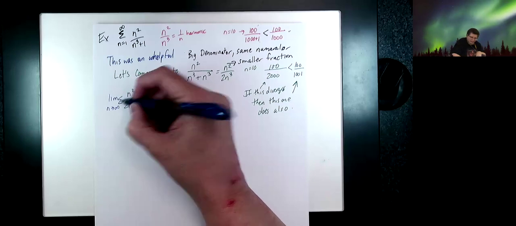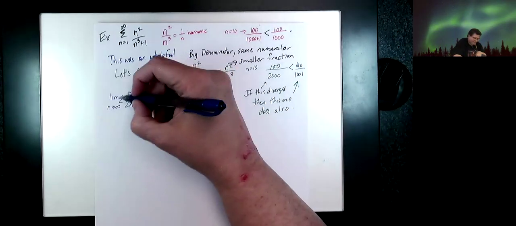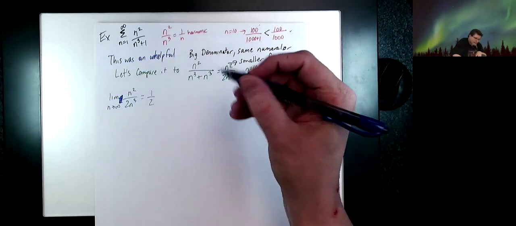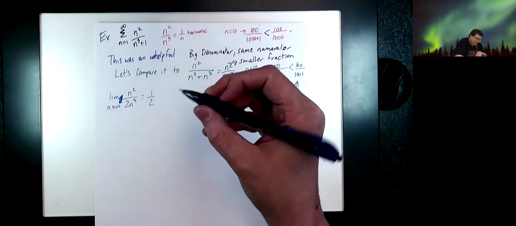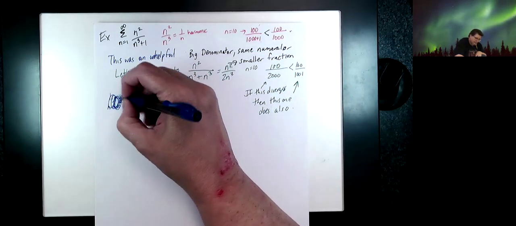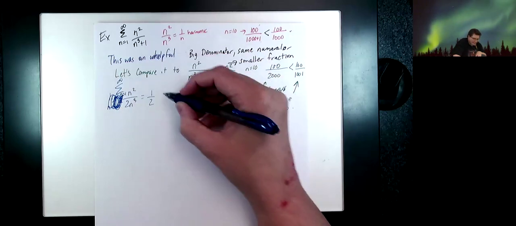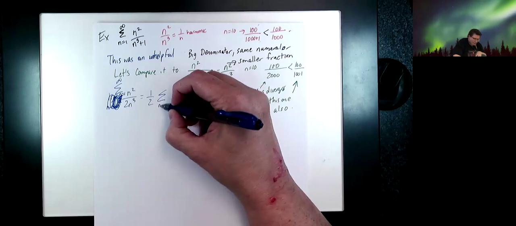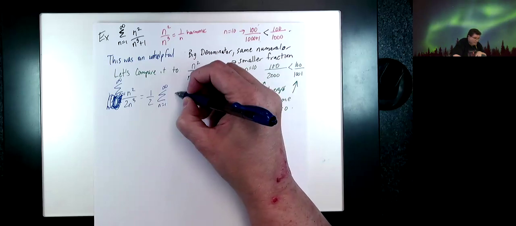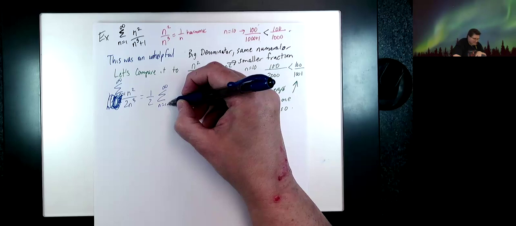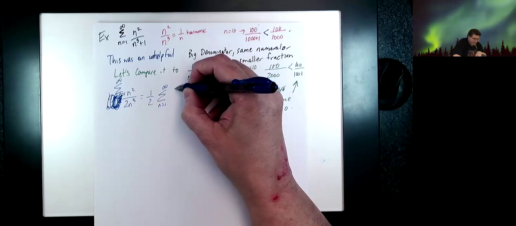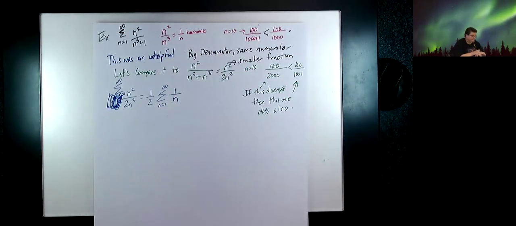Let's do the sum here: the sum from n equals 1 to infinity. This ends up being 1/2 the sum from n equals 1 to infinity of n squared over n cubed. And since n is not 0, we can clean that up and it becomes 1 over n.